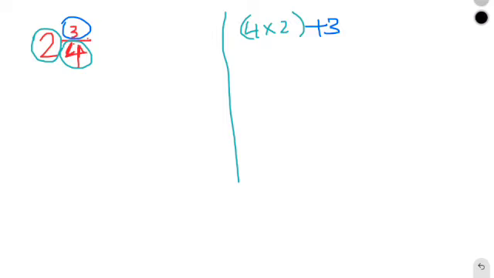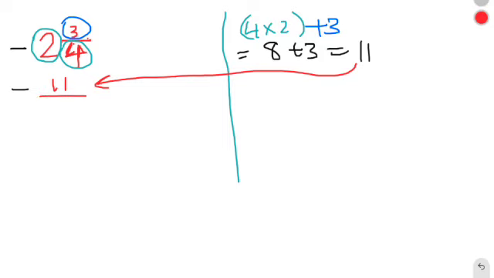And that would turn out to be 8 plus 3, which is equal to 11. So what does that mean? It now means that the improper fraction would be the 11 that we just found over the 4, which is the denominator, which we have to bring down every time.